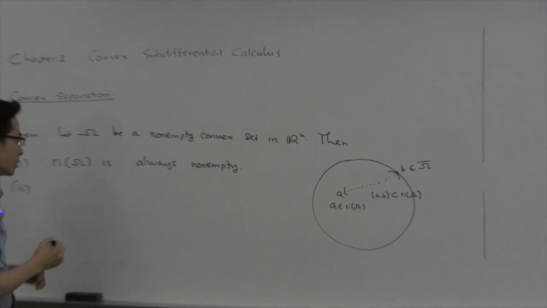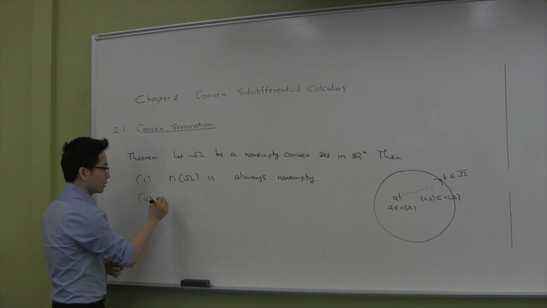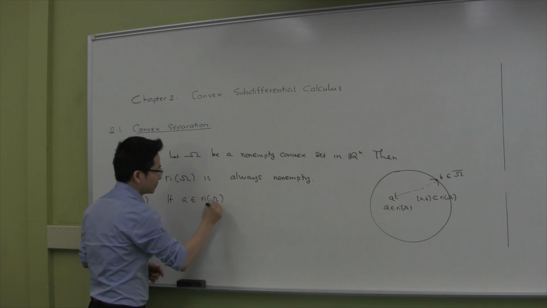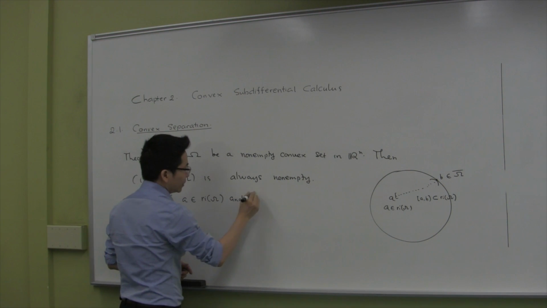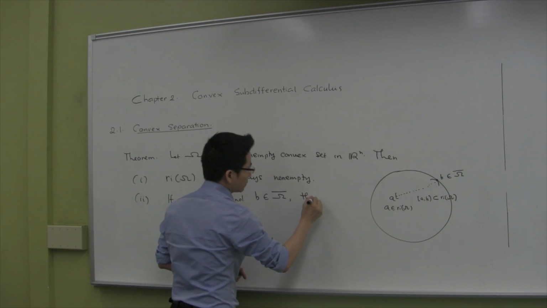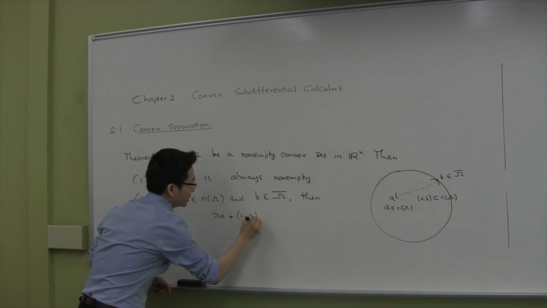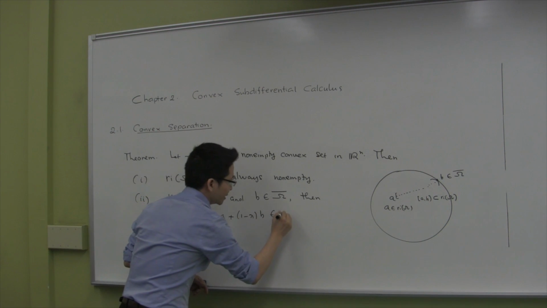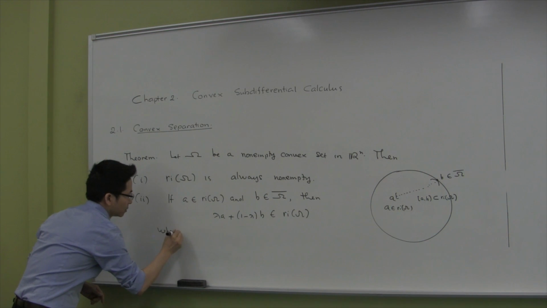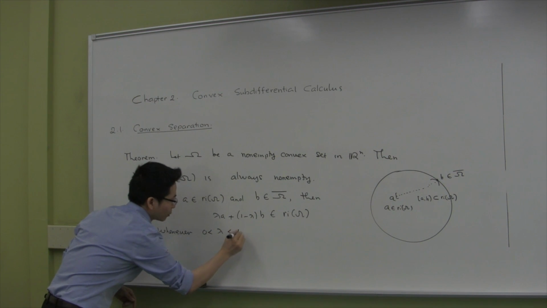Okay, so this property can be equivalently stated as follows. If A belongs to the relative interior of omega and B belongs to the closure of omega, then lambda A plus 1 minus lambda B belongs to the relative interior of omega whenever lambda is strictly greater than 0 and strictly less than 1.